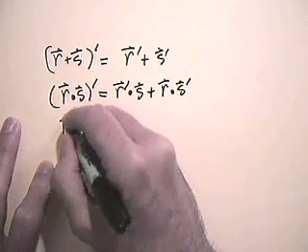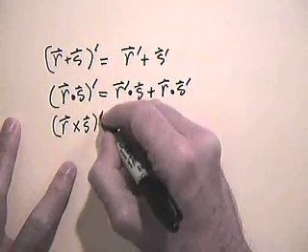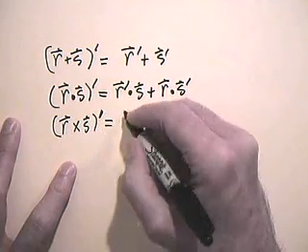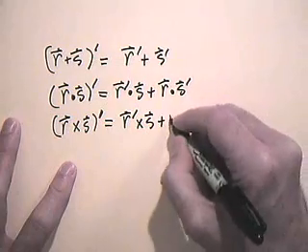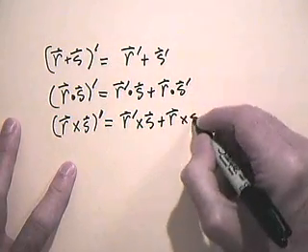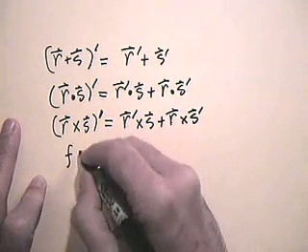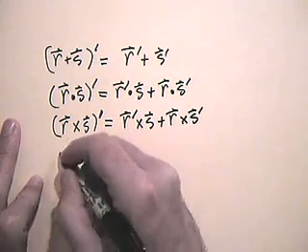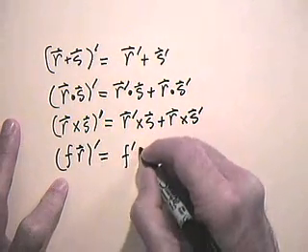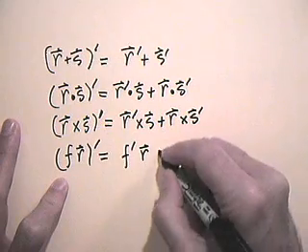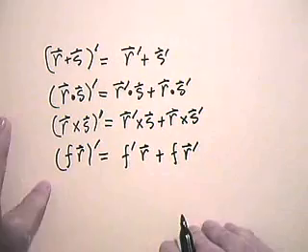Same thing happens with the cross product. The derivative of the cross product is the derivative of the first factor cross the second factor plus the first factor cross the derivative of the second factor. Likewise, if I have a scalar function times a vector function to differentiate, that would be the derivative of the scalar function multiplied by the vector function plus the scalar function times the derivative of the vector function.